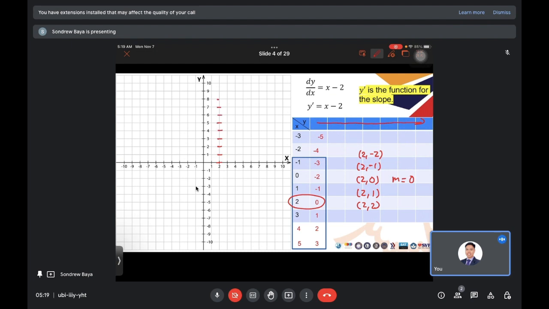We don't have to complete the table because by just putting some values in the table, we could already somehow find a pattern. Now, if we continue at x equal to 3, your slope is positive 1. So we can predict that it will be inclining to the right.